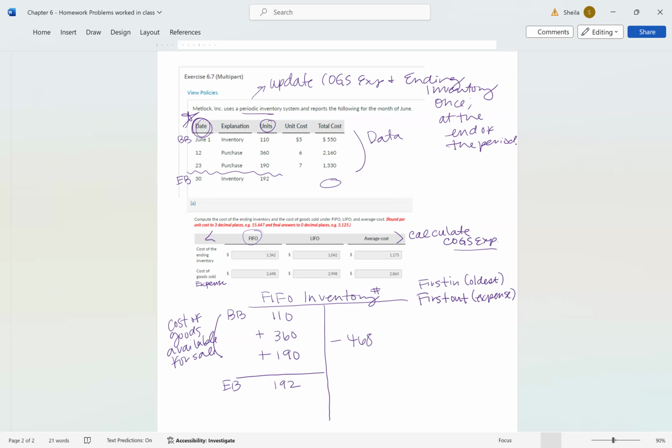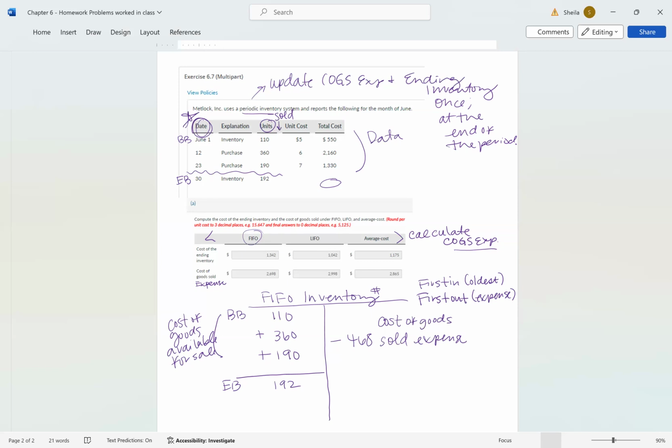So first in, first out says, let's recognize the cost of goods sold expense based on first in, first out. So what we're going to do is come up here and squeeze in a little section called sold, because I want you to see the numbers that we sold.